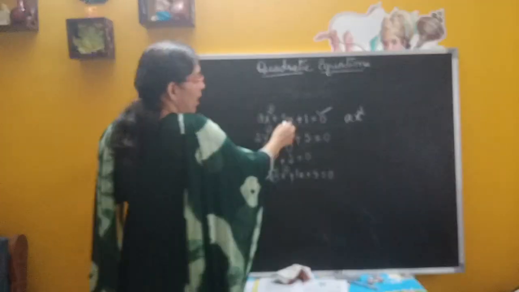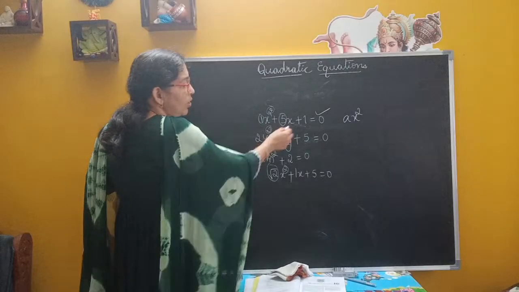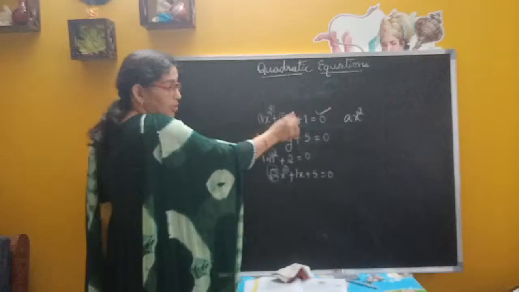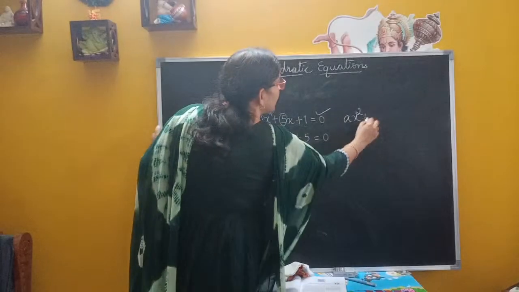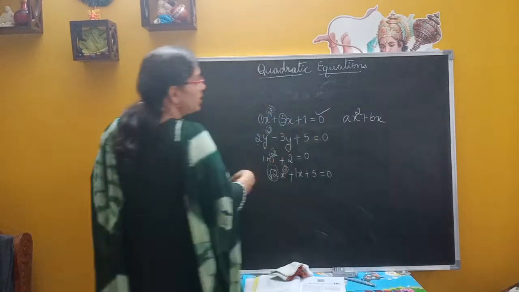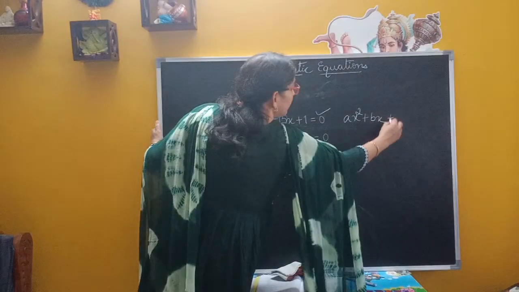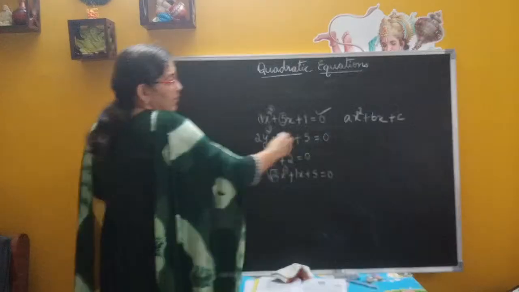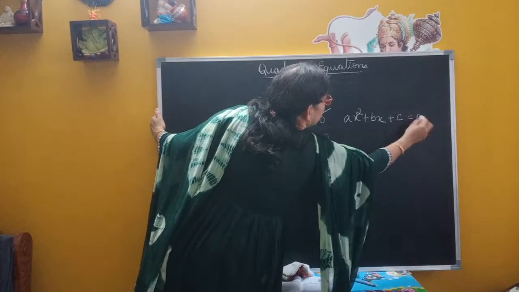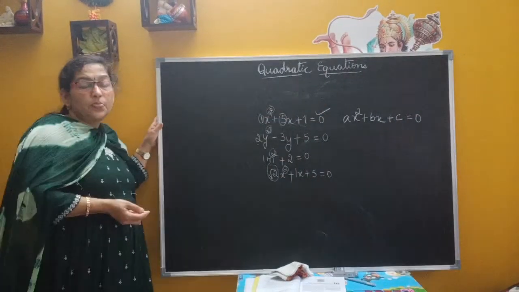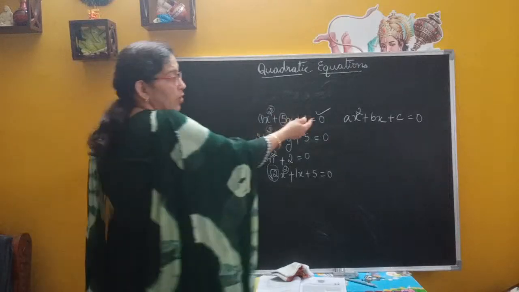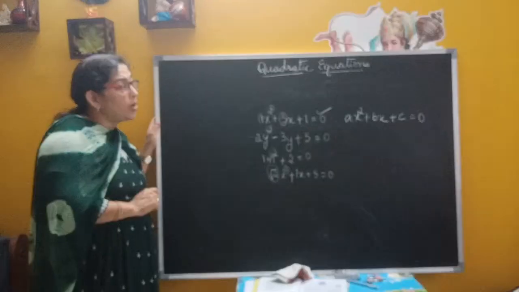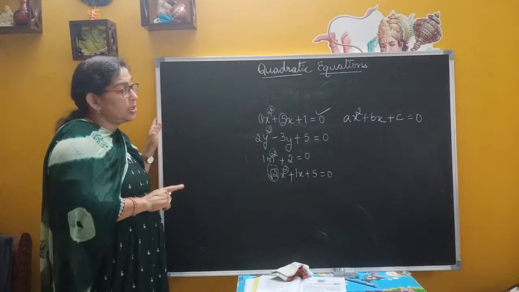Ax square plus, if I take the coefficient of x, the term with power 1, as b, then it is bx plus a constant, which we consider as c. All this is equal to 0. This is ax square plus bx plus c is equal to 0. This is the general form or standard form of a quadratic equation.